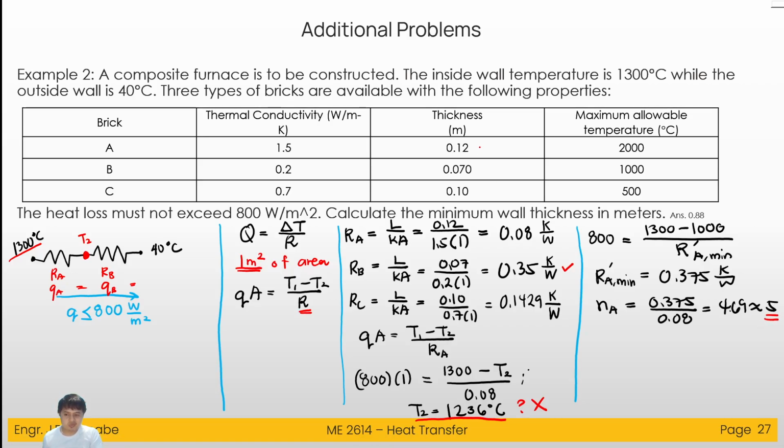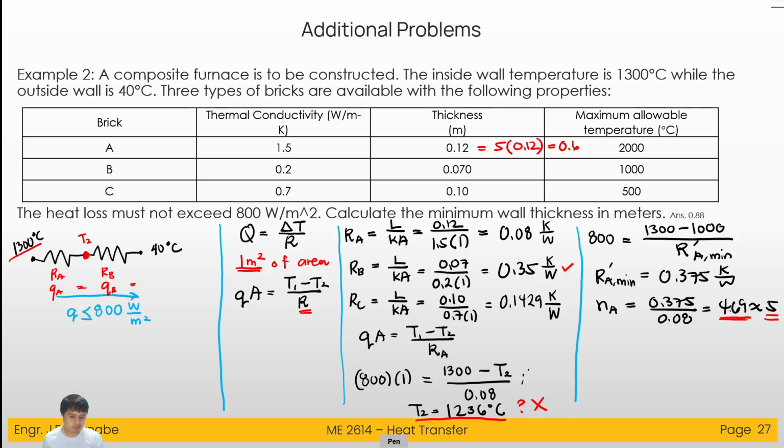So you can imagine, to attain the 1000 degrees Celsius, you need 5 of this brick A. So what happens is you will multiply this by 5, which is 0.6. So you have already 0.6 meters of this brick, and the temperature of that surface is 1000 degrees Celsius. Okay, so in the meanwhile, what we can do here is to multiply instead.